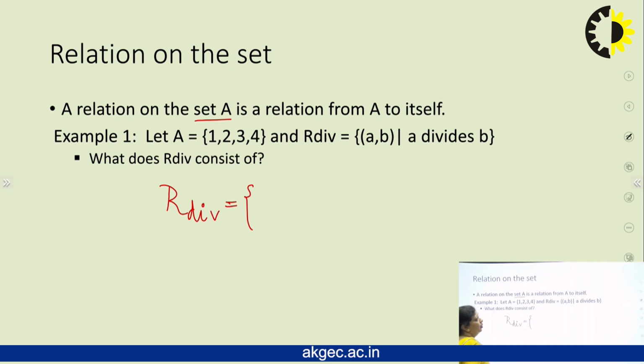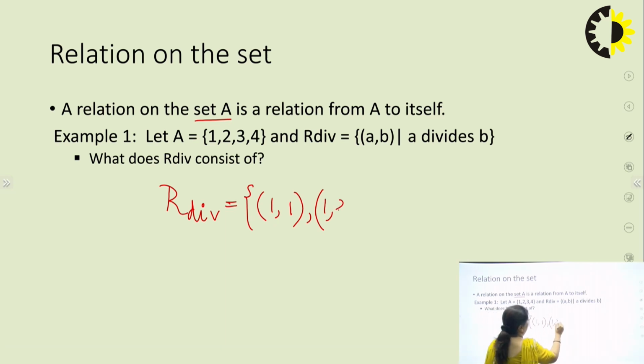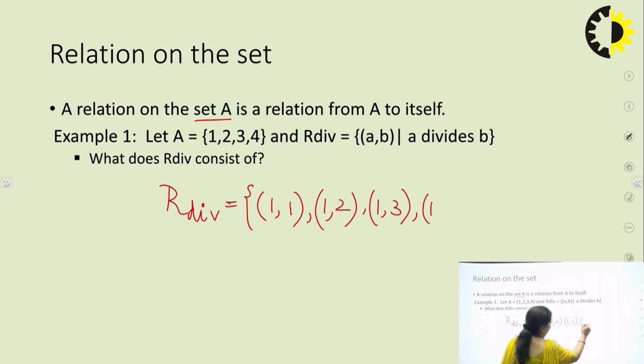Now if I talk about 1, this 1 is going to divide every element. So 1 divides 2, 1 divides 3, 1 divides 4, even 1 divides 1. So all these pairs will be there in this relation, that is (1, 1), (1, 2), (1, 3) and (1, 4).